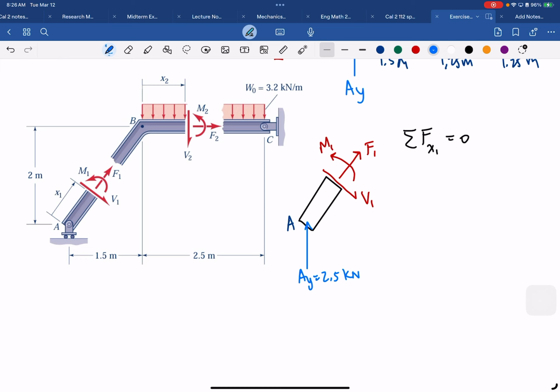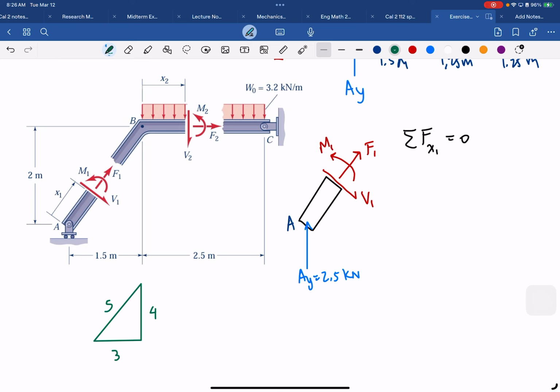So this is a 3, 4, 5 triangle. So this is 1.5, this is 2, and if we multiply by 2, this is perfectly 3, 4, and this should be 5, right?